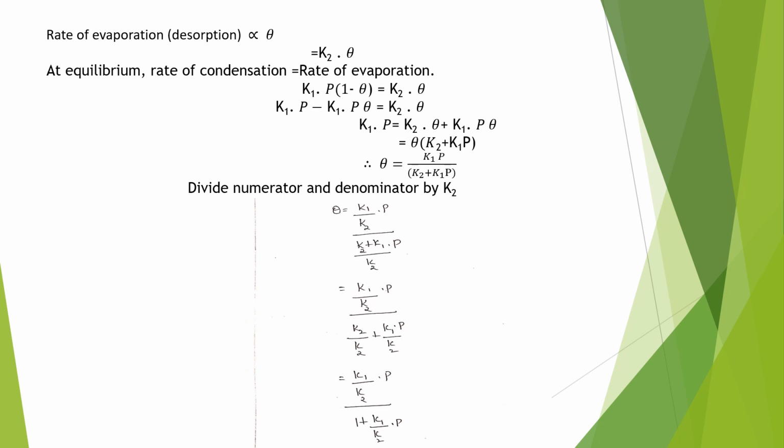So K2 plus K1 by K2 is in the form of A plus B by C, which is equal to A by C plus B by C. So look at the next step, is equal to (K1 by K2 into P) divided by (K2 by K2 plus K1 by K2 into P). It is equal to (K1 by K2 into P) divided by (1 plus K1 by K2 into P).